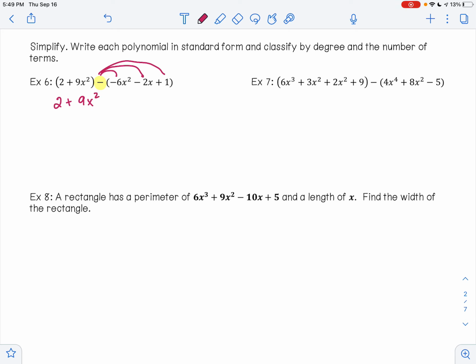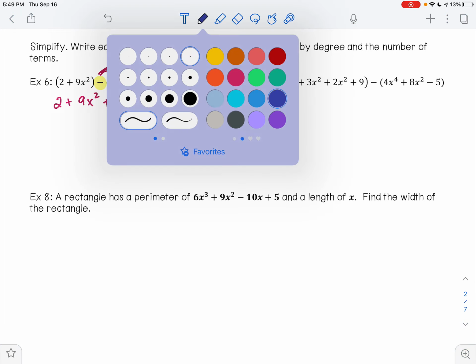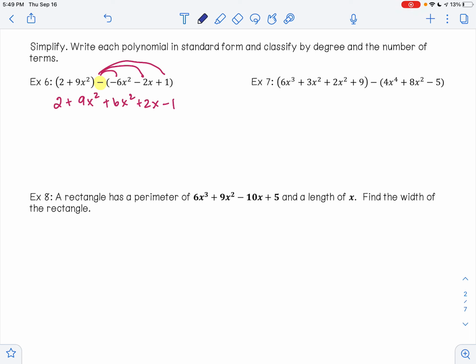Negative 1 times negative 6x squared is positive 6x squared. Negative 1 times negative 2x is positive 2x. And negative 1 times 1 is negative 1. Now that I have distributed that negative, I can go ahead and combine like terms. 2 minus 1 is 1.